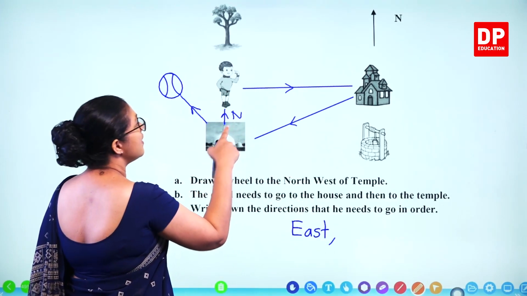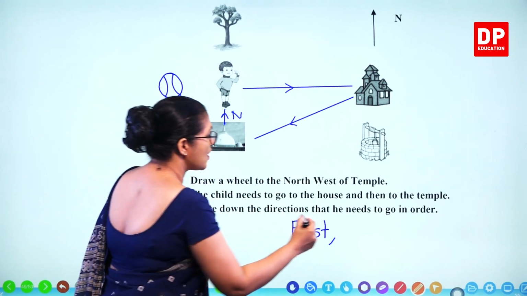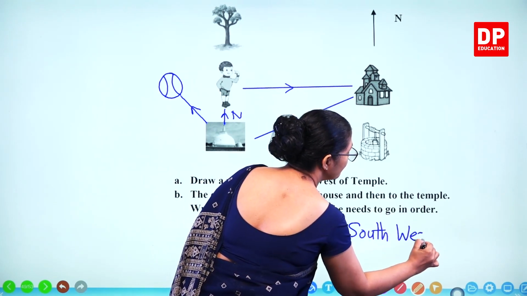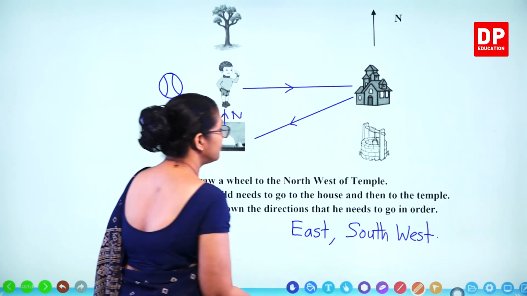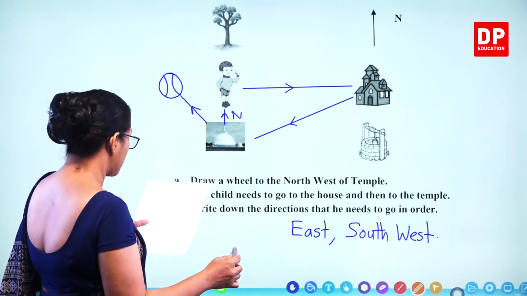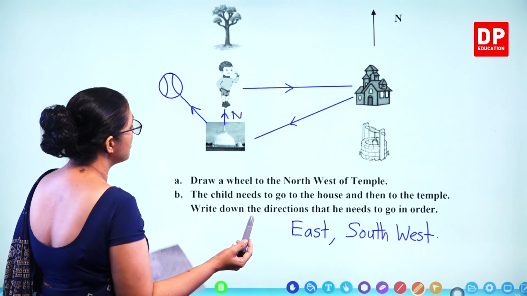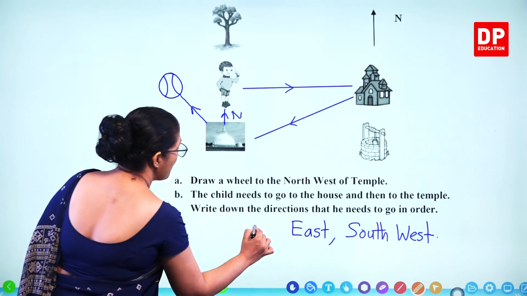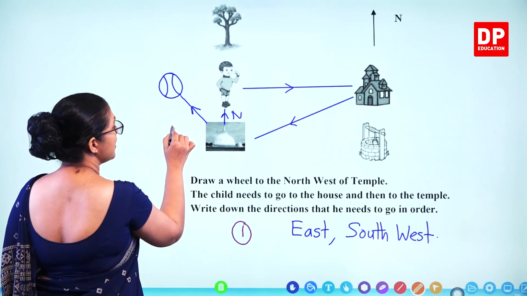And then to this way means southwest. Southwest direction. So east and southwest. So you get just 1 mark. But we'll give like this, 1 mark for this one and 1 mark here.